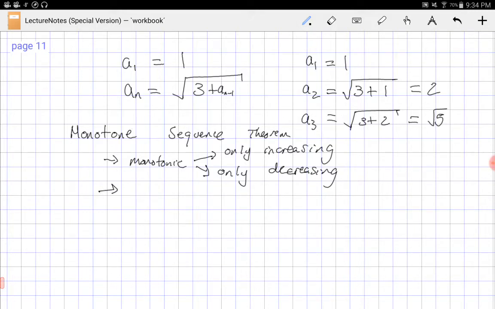And if it fulfills the second criteria, that this sequence is bounded. And what bounded means is it has a maximum value and a minimum value.